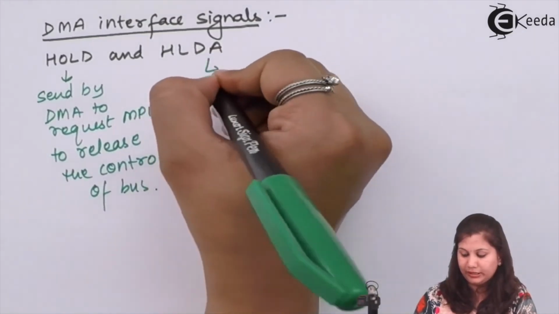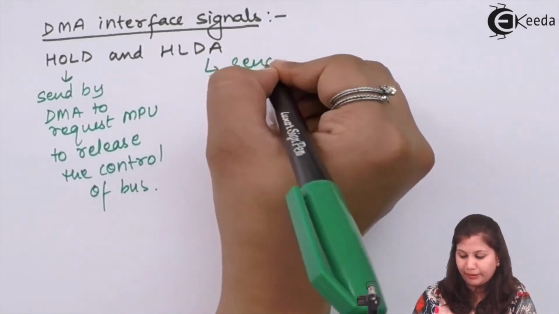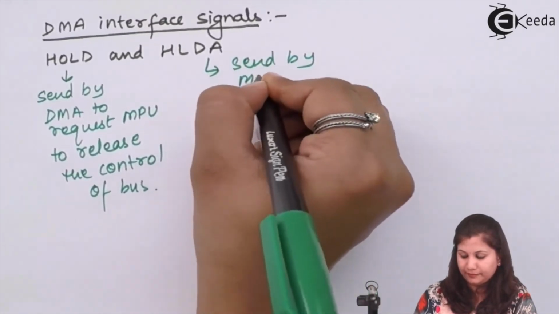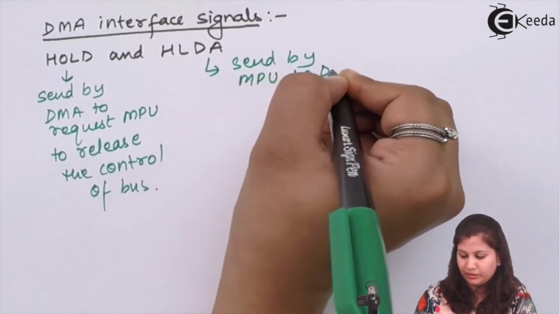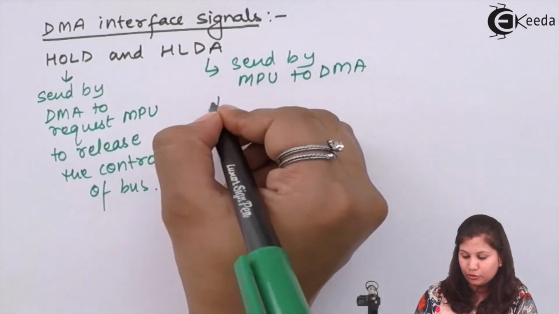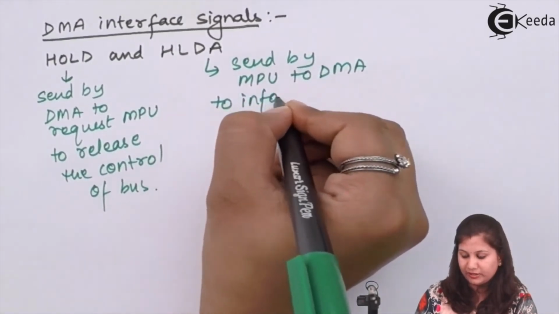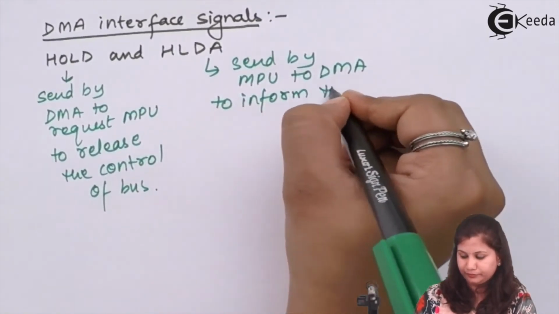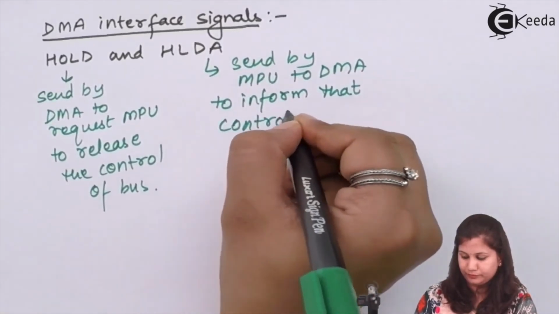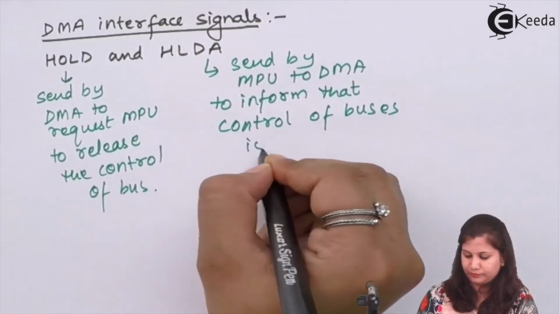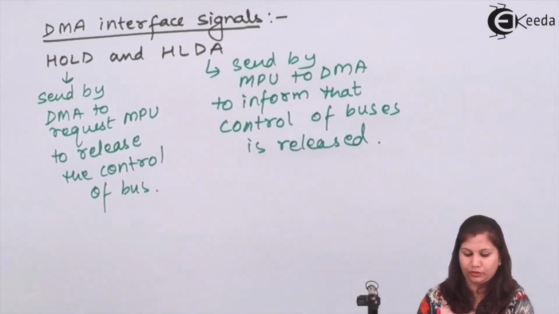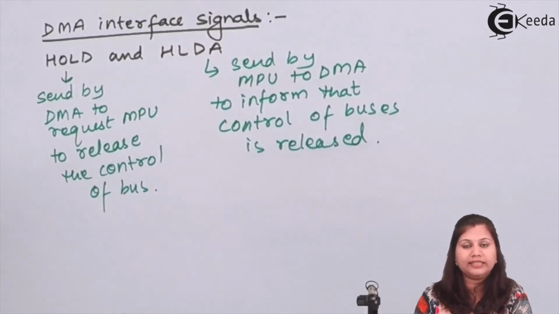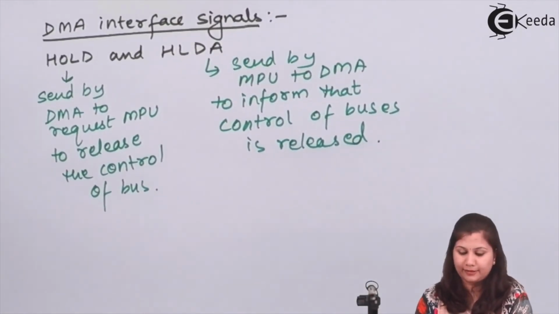And HLDA is sent by the microprocessor to the DMA to inform that it has released the control. So these are the DMA interface signals.